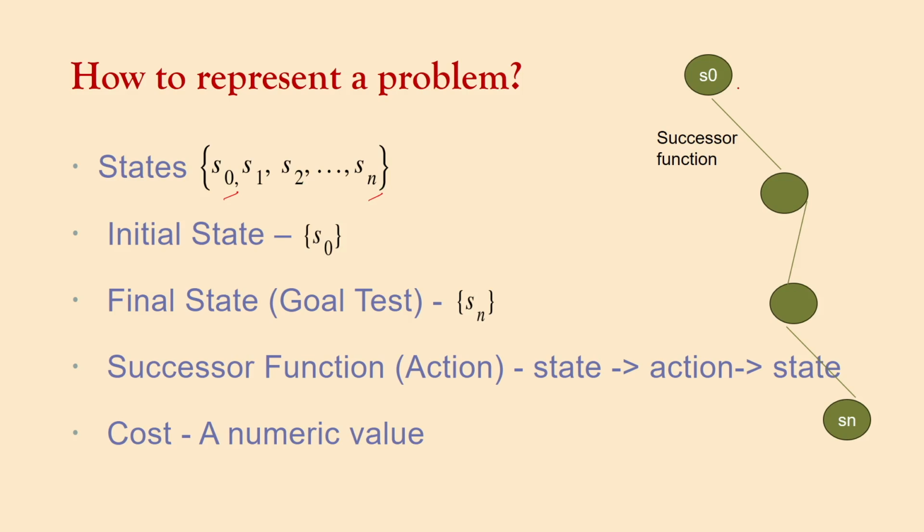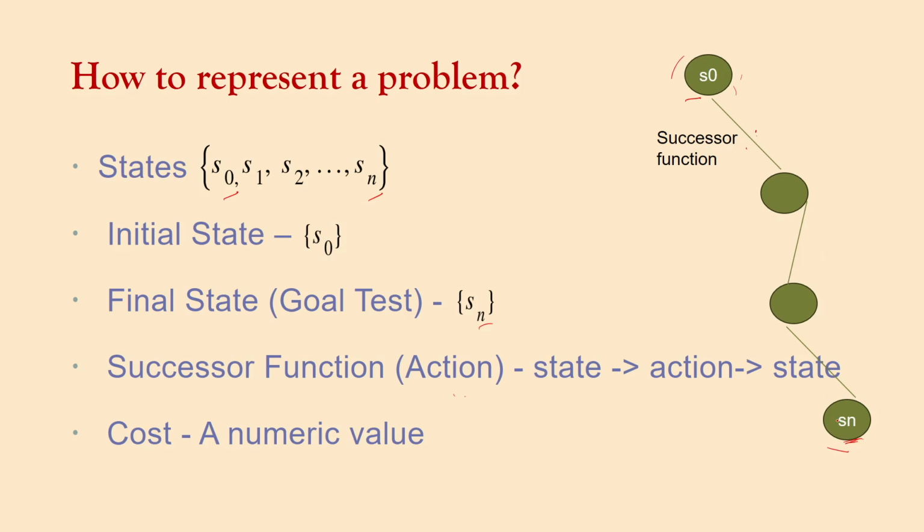On the right hand side, we have the state S0, we apply some action, it goes to S1, and this is the end point, which is the goal. The initial state is S0, the final state is Sn, and the successor function, otherwise called an action: once we have the starting point, we apply some action or the successor function, it moves to the next state and so on.